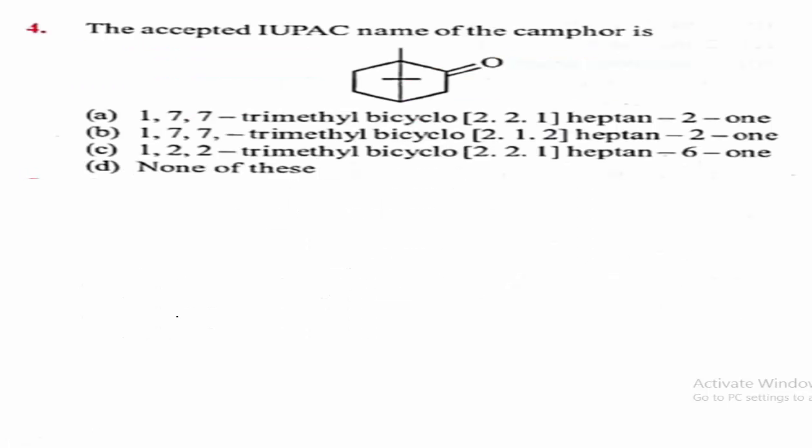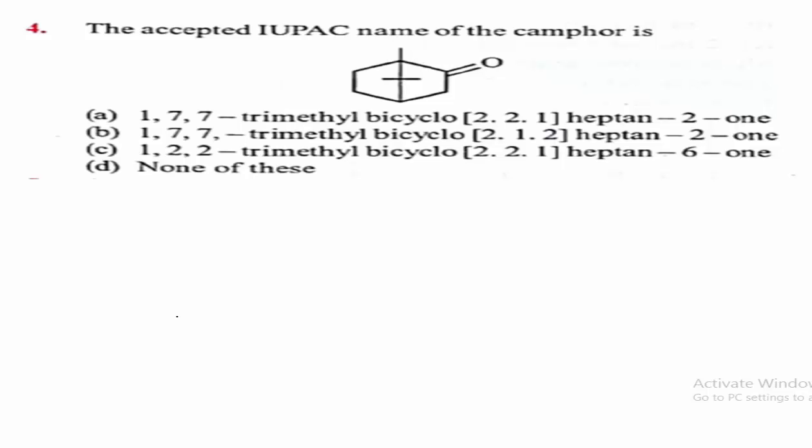Okay, students, next question. Question number 4. The accepted IUPAC name of the camphor is, okay, very important. Students, I think in the synopsis class, I already told you about the spiro compounds as well as bicyclic compounds.